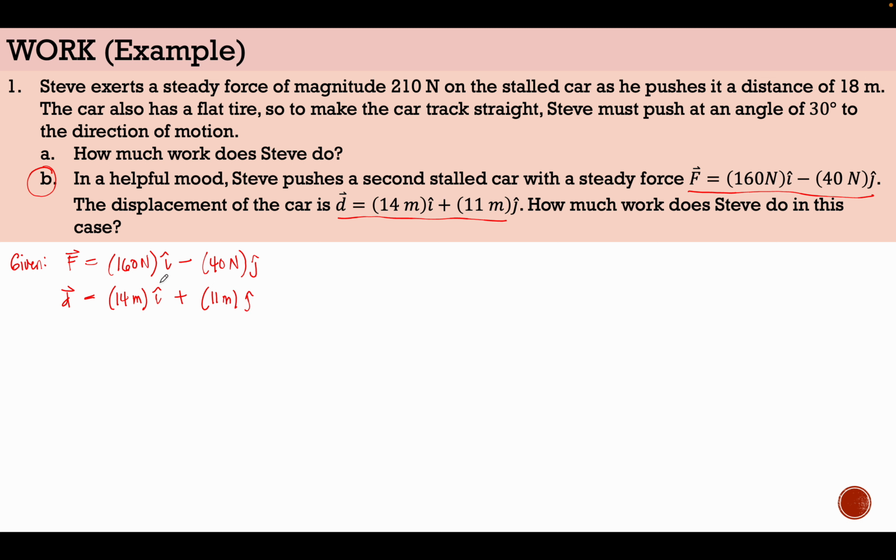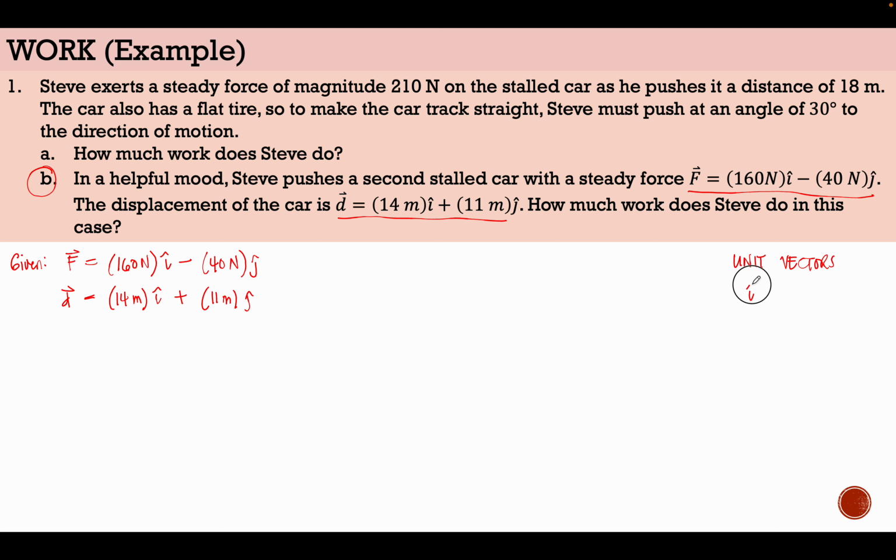Now, what are this i hat and j hat, and what are their roles in a vector quantity? Here, i hat and j hat are what we call the unit vectors. Unit vectors are the indicator of the direction along a specific axis.